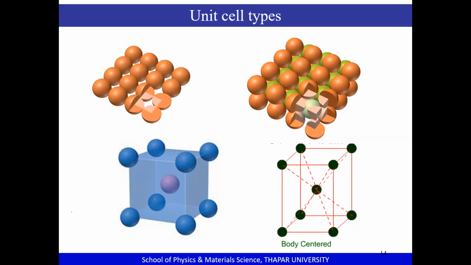So this is a unit cell which possesses more than 1 lattice point, and hence it is called a non-primitive unit cell.